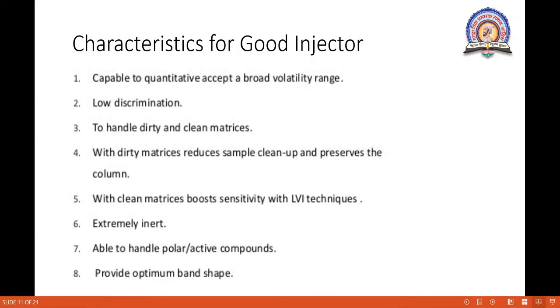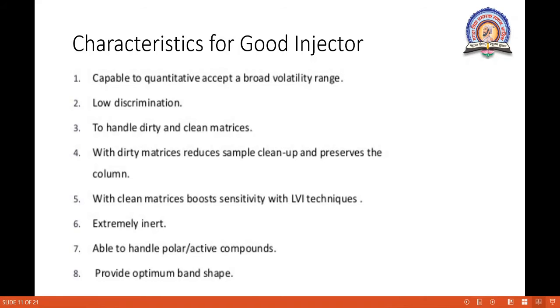Before that, the characteristics of good injectors: they are capable of quantitatively accepting a broad volatility range, with low discrimination, and handling dirty and clean matrices.